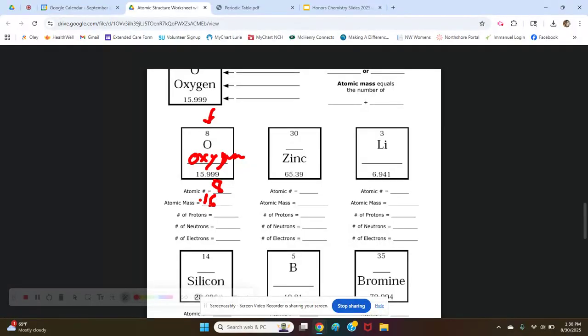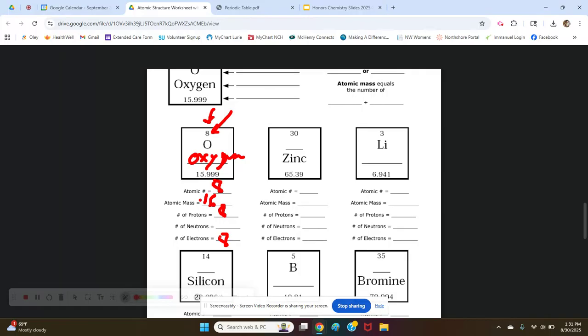The number of protons is also equal to the atomic number, which again is right there. So it's 8. The number of electrons, for right now, is equal to the number of protons. So that's also 8. Eventually that rule will change, but for right now, they're always the same.